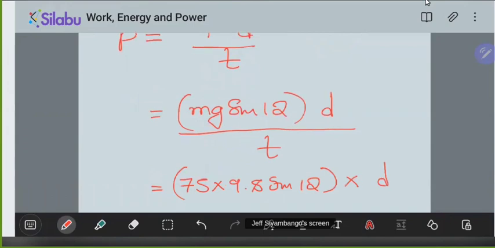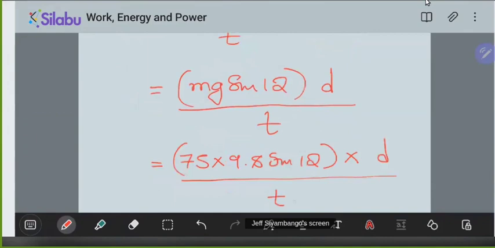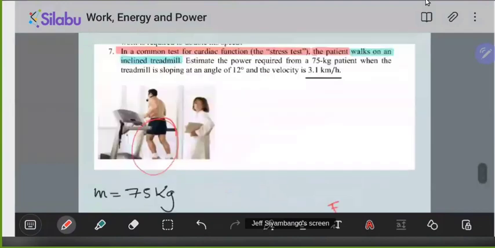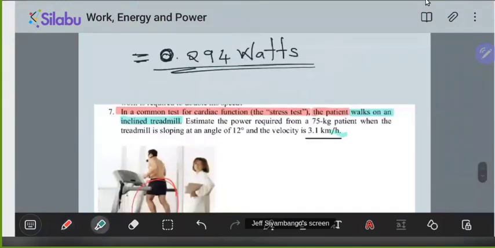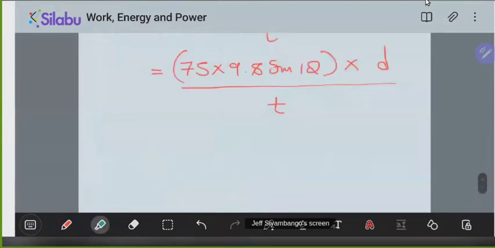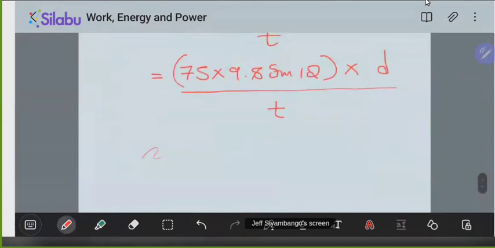Which brings us back to what we described earlier on. They gave us the speed at which the patient has to be running, and the speed was given as 3.1 kilometers per hour. So how do we use that speed?